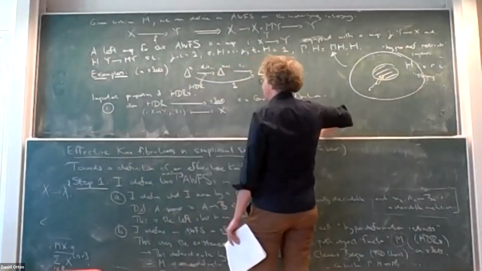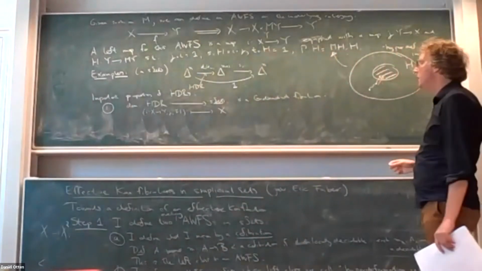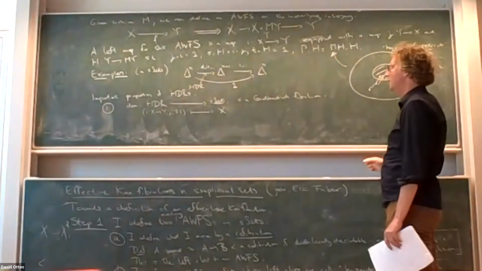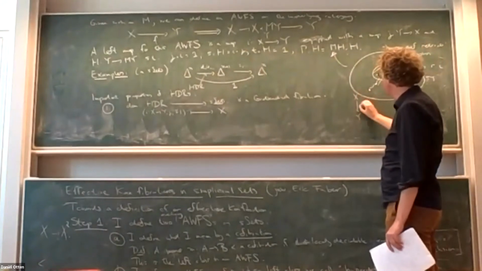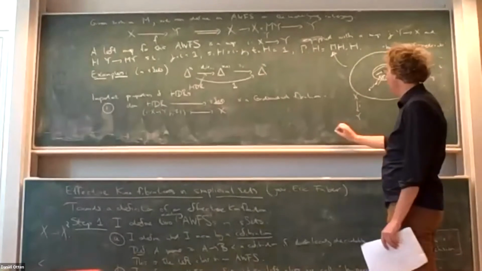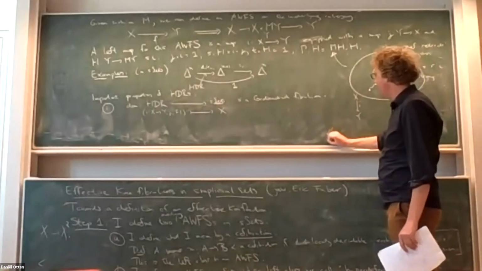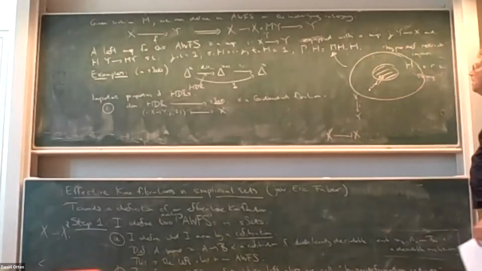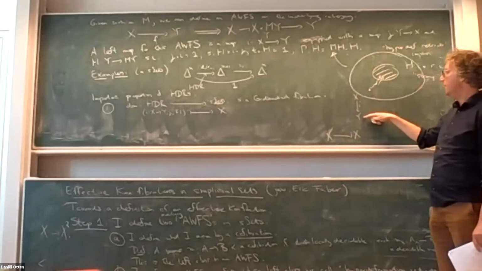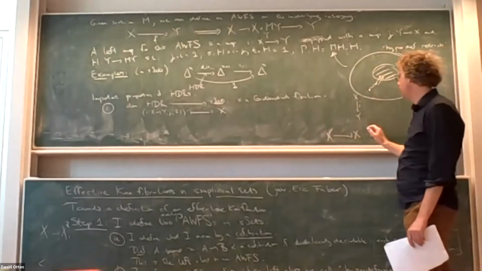So what's the idea here? Imagine that I have a hyperdeformation retract I like this, and I have a map from some X prime to X. Now I want to pull back this hyperdeformation retract along this map. How can I do it? It's kind of easy.